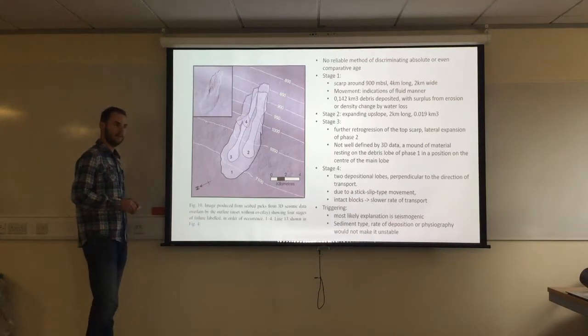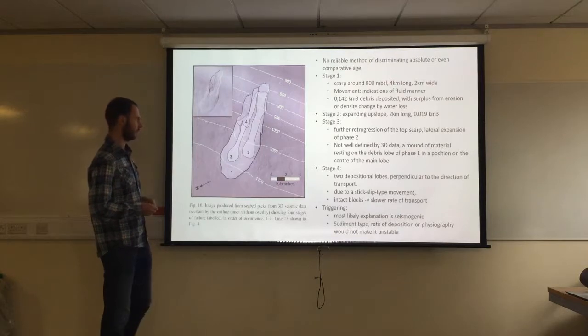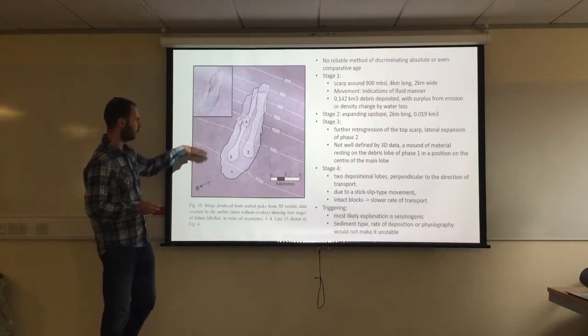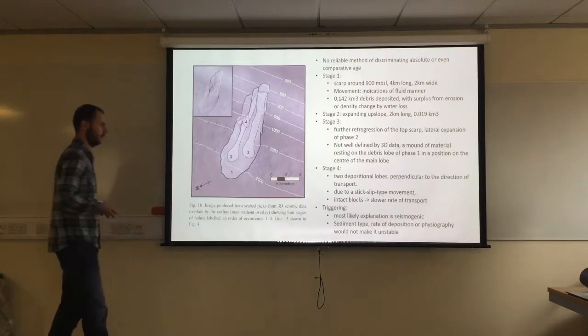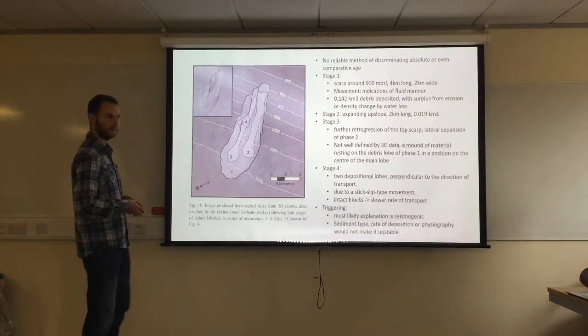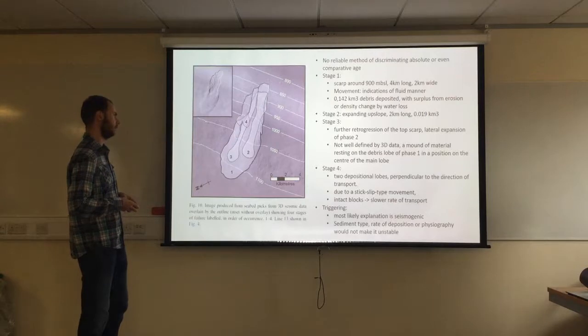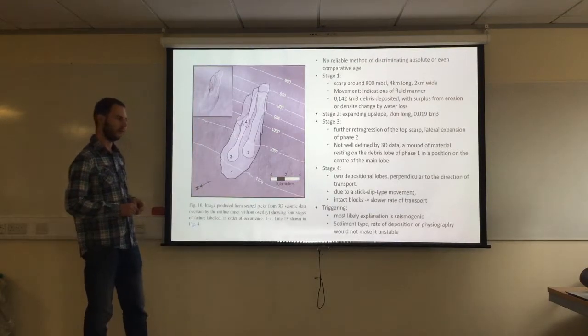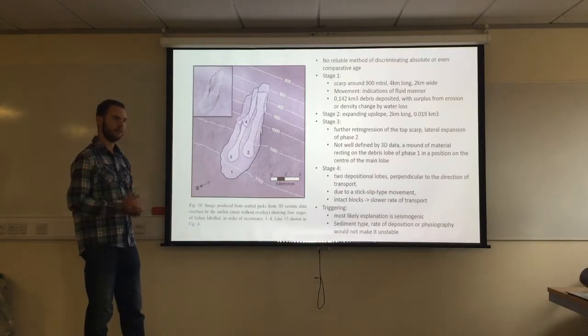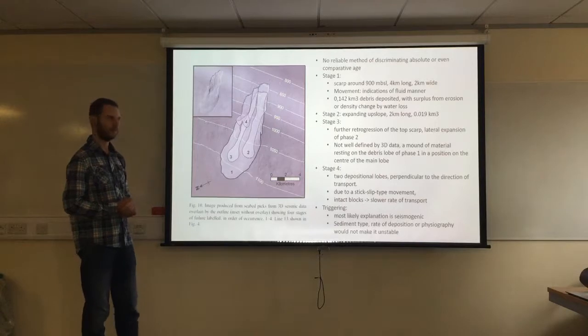But it's an excellent study area to know more about the movement types of underwater offshore landslides. So it should be a good example to learn about the different phases and movement types of landslides that could be used later in areas that could affect some infrastructure as well. So thank you very much.